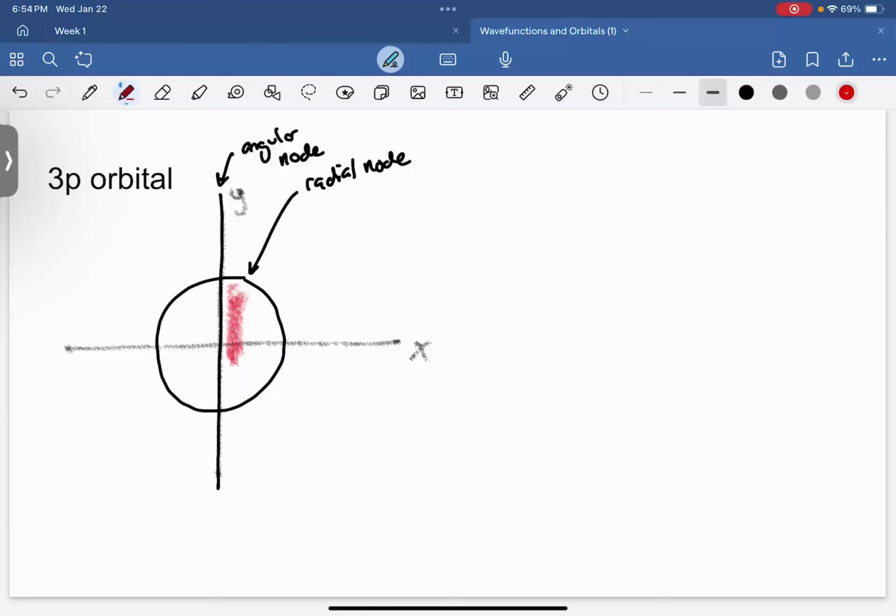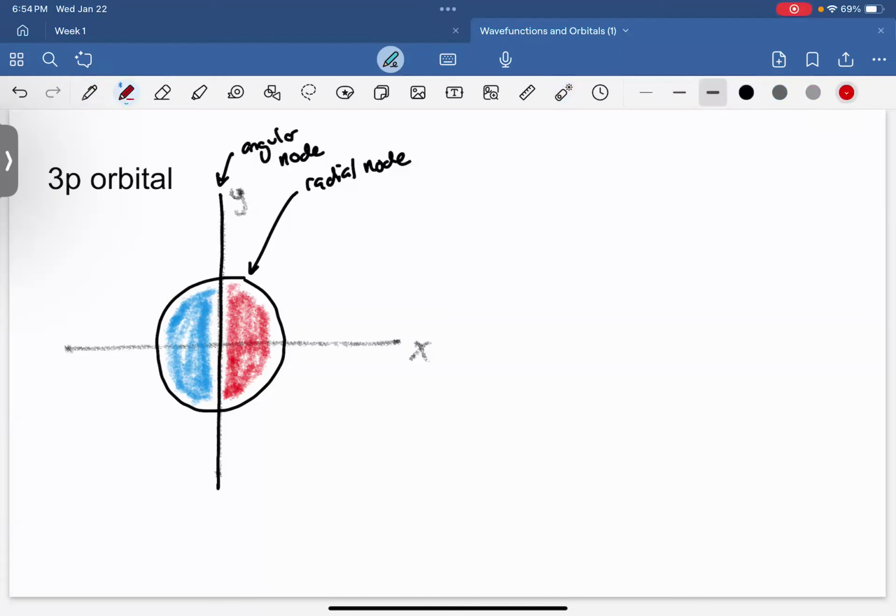So let's say I'm like this on this side, and that means I'm opposite on the other side. And then when I cross this radial node out here, inside the radial node, this just looks exactly like a p orbital.